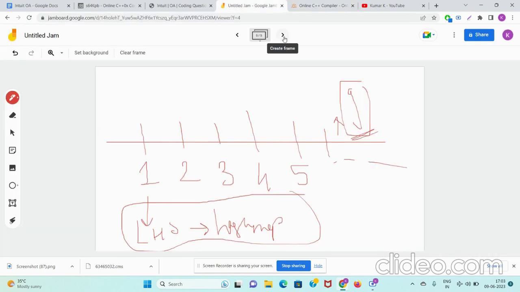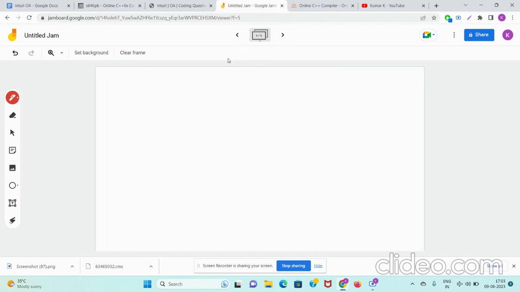Okay. So suppose I am starting at index i equal to 1. Then I come at index i equal to 2.